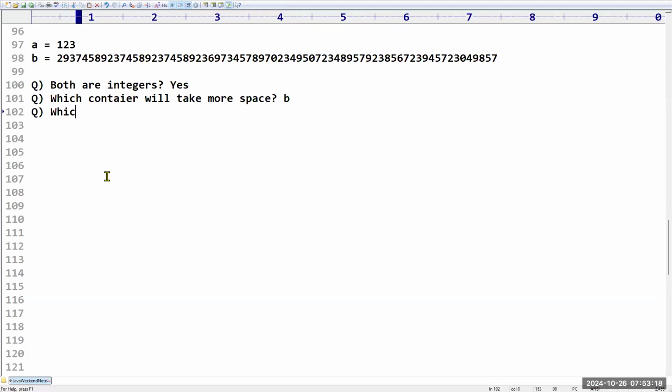Third question: which container takes more time to access? B, sir. So what is my question? The first one is a small value, the second one is a big value, but both are the same type of data.